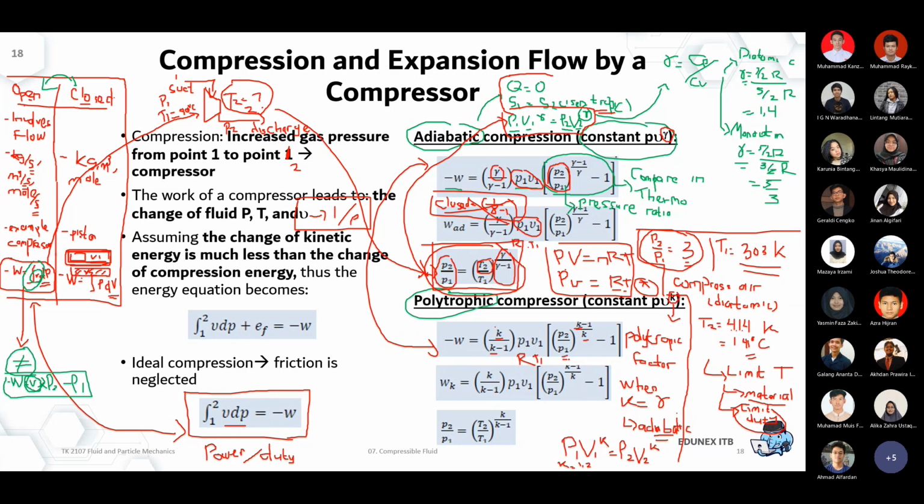It's still a function of the pressure ratio. And in terms of the pressure versus temperature correlation, again, it's similar to the adiabatic approach because it's derived from it. The only difference is you replace gamma with K.